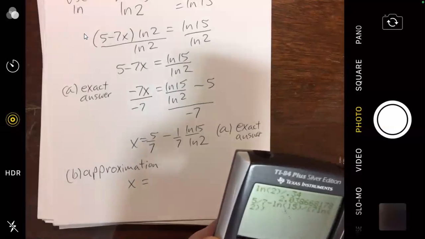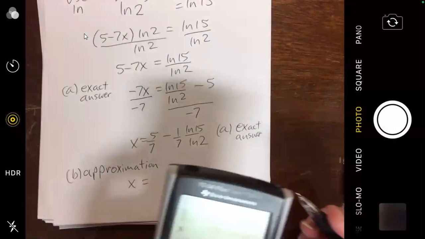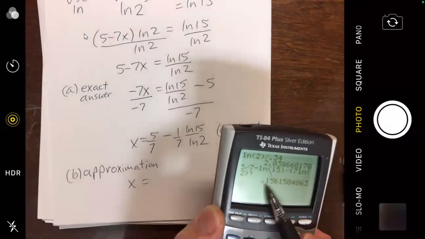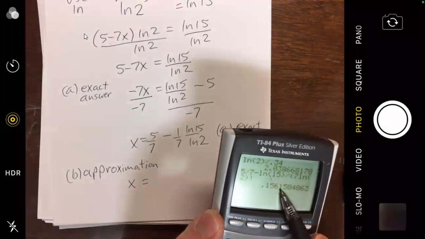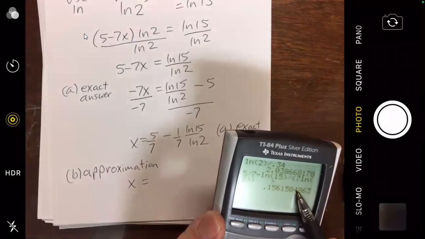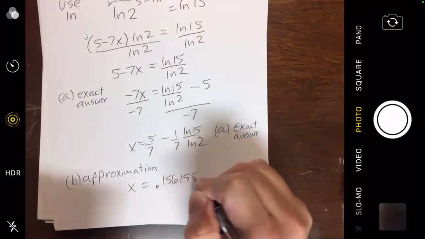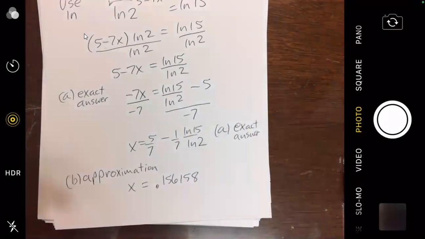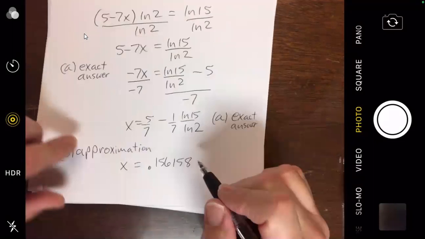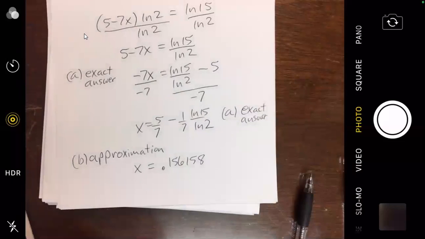Hope I got everything lined up. 156, let's see, they wanted 6 places. 156, there's a 4, the 4 is less than 5, so 156, 158. Again, on the test, I won't be that anal about the 6 places, and I won't mark it false if you round it to 5 or whatever. I try to be more obvious than that. I won't get that picky.